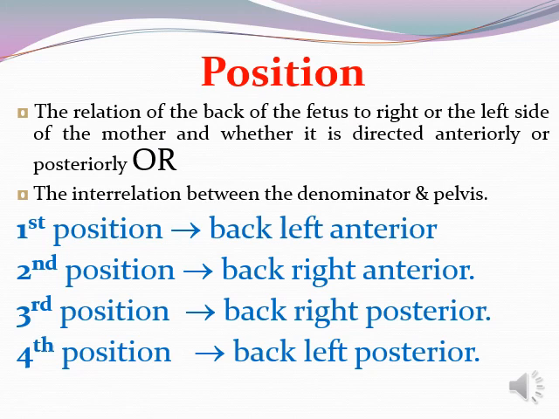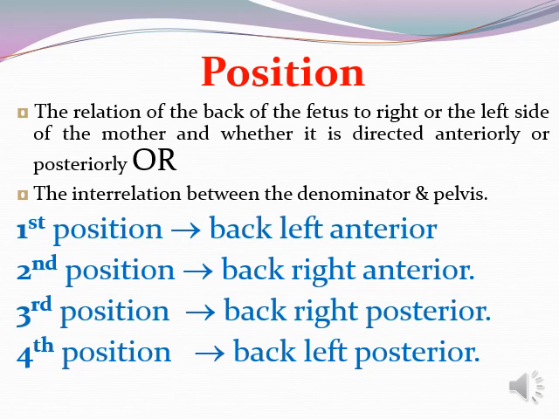What's meant by position? Position means the relation of the back of the fetus, whether to the right or to the left side of the mother, and whether it's directed anterior or posterior. So we have 8 different positions.